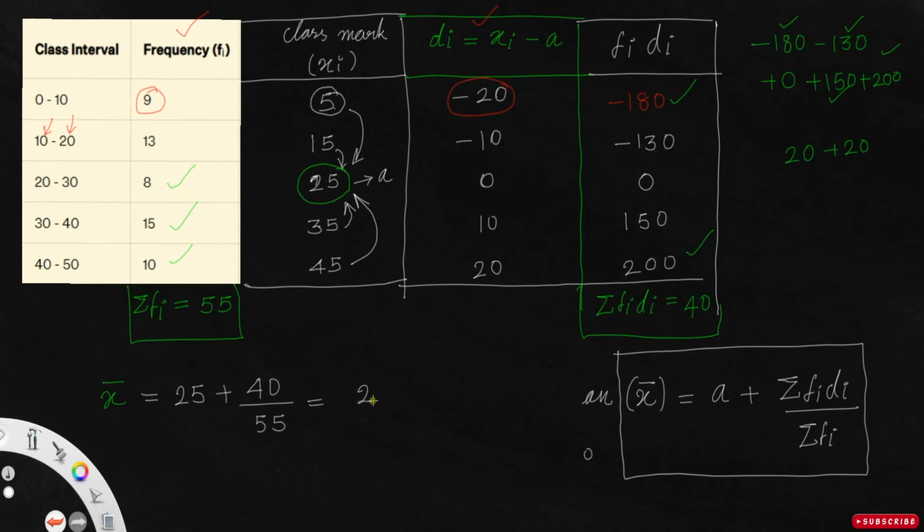So this will be 25 plus this value, approximately 0.727. So 25.727, or I can round it off to 2 decimal places. So 25.73 is the answer.